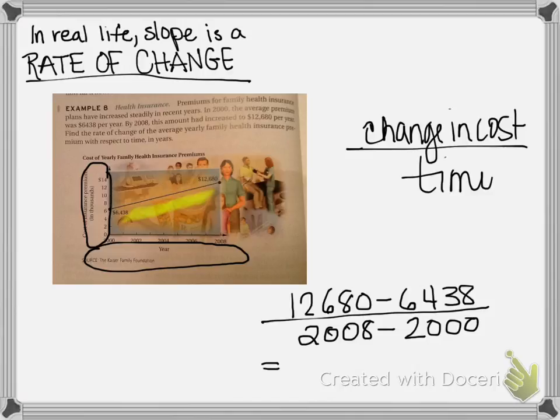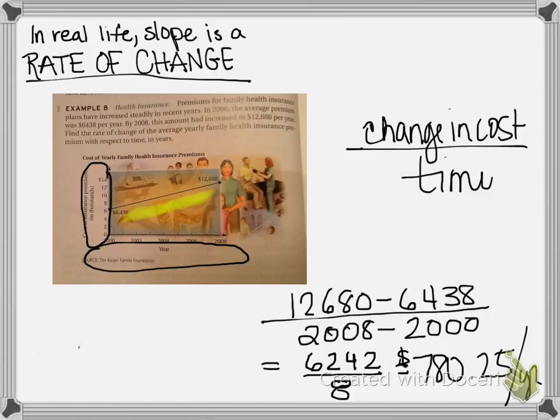Pause and calculate. So we end up with $6,242 change in cost over 8 years. If we divide this out, we'd find the amount of change in cost per year. That'd be $780.25 per year.